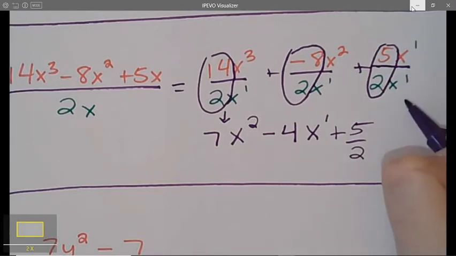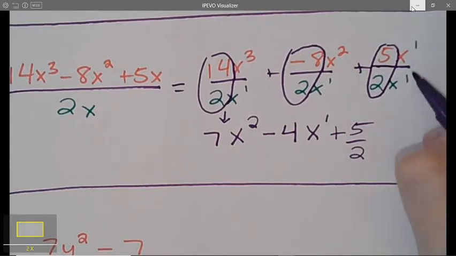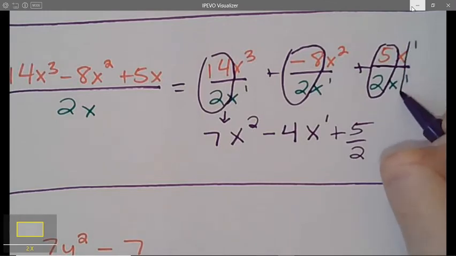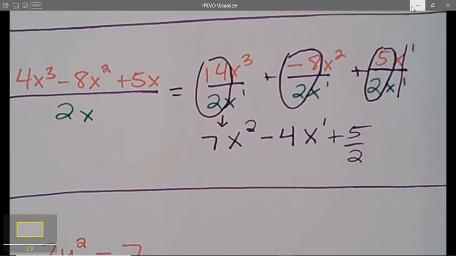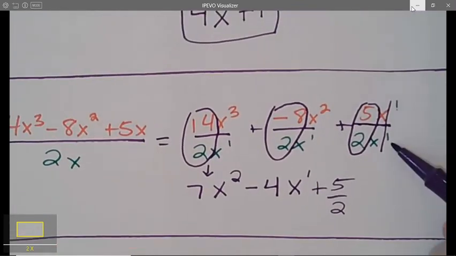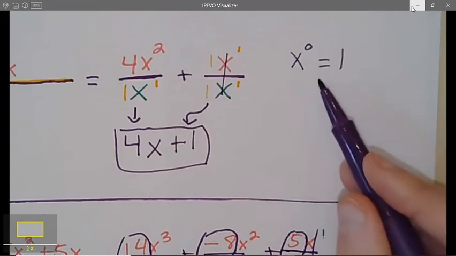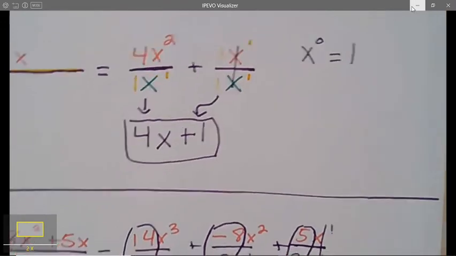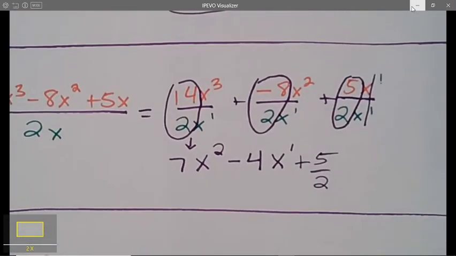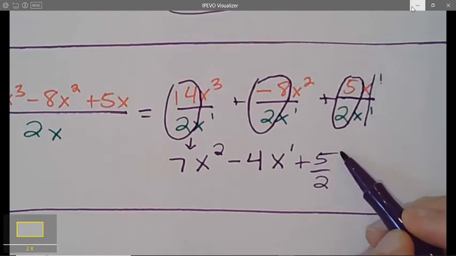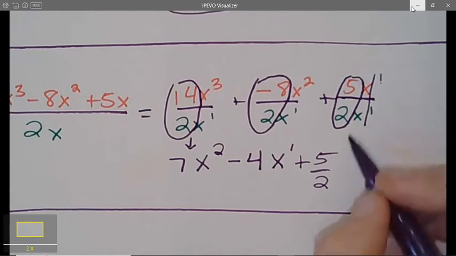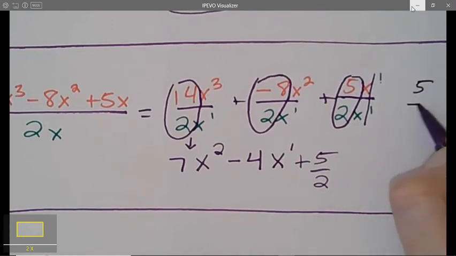And then x divided by x, well, since they are the same variables with the same exponents, they will cancel out and turn to 1. Anything divided by itself is 1. Or remember, 1 minus 1 is 0, which will give you x to the 0 power, which is 1. So however you want to look at it. Technically that's 5 halves, and the x's turn to 1. So if you wanted to, you could write this term as 5 halves times 1.